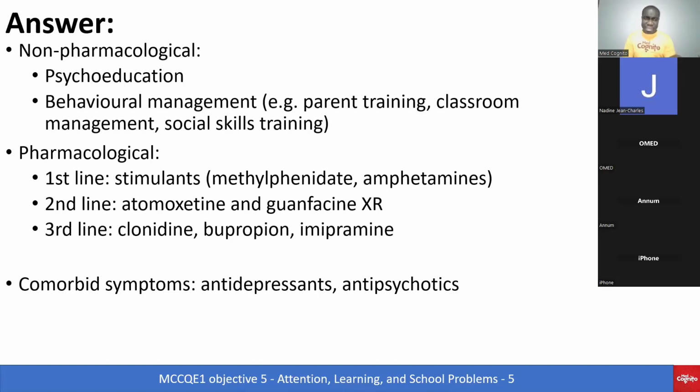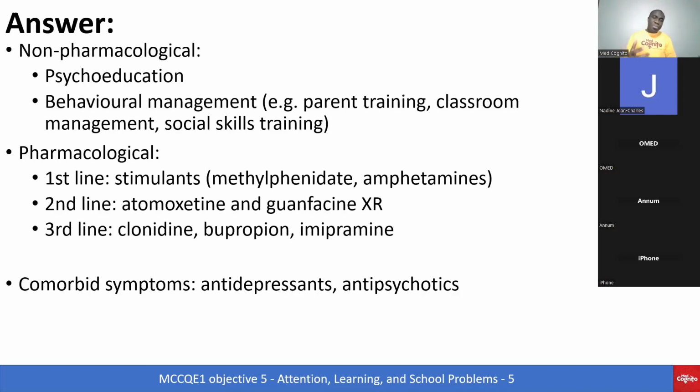And then the third line, you can go for medications like clonidine, bupropion, imipramine. But remember that the non-pharmacologic options for the management of ADHD are psychoeducation, behavioral management like parent training, classroom management, social skills training, and pharmacologic management like stimulants. Atomoxetine is a non-stimulant.